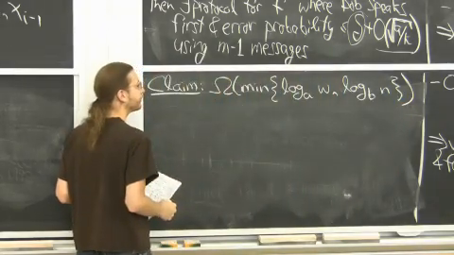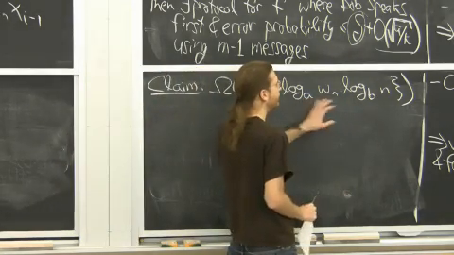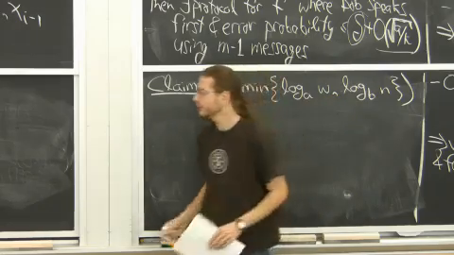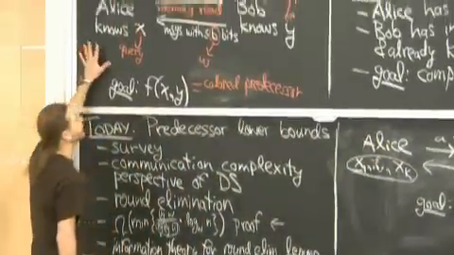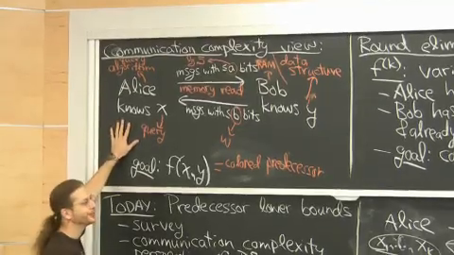This is the lower bound we're going to prove, and it's nice and symmetric: log base a of w, log base b of n. This is perfectly symmetric in Alice and Bob. Alice represents w.